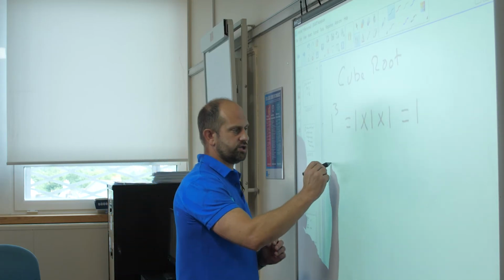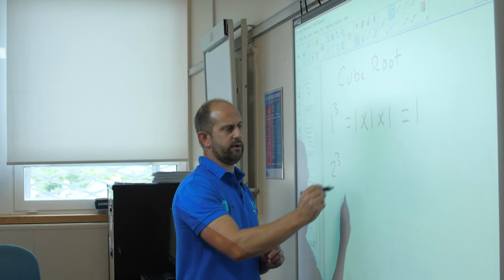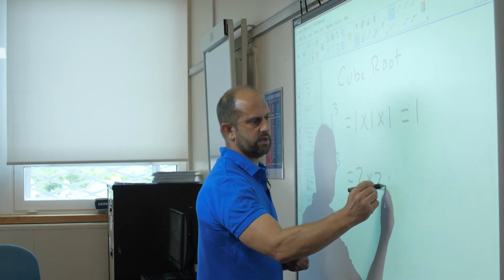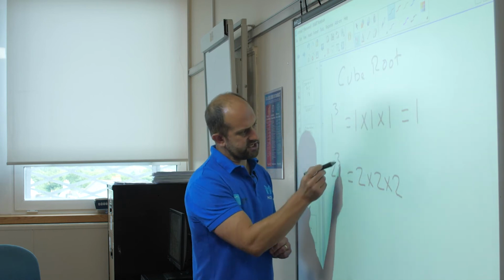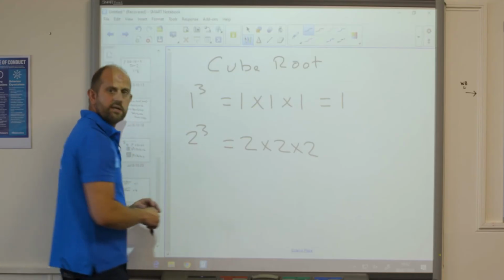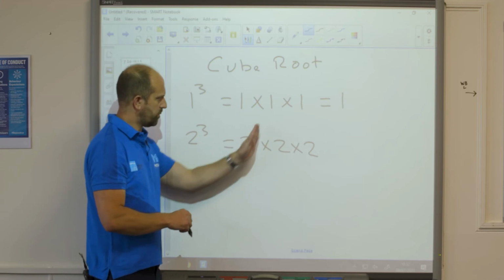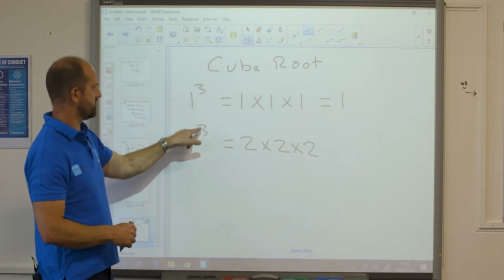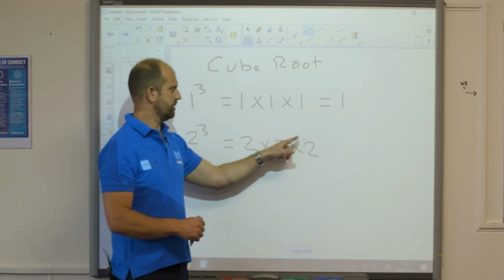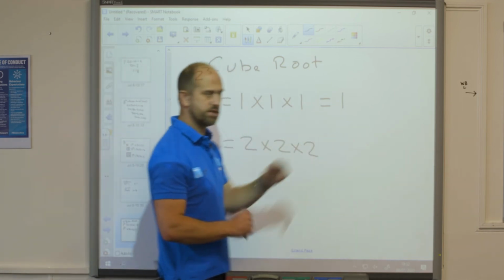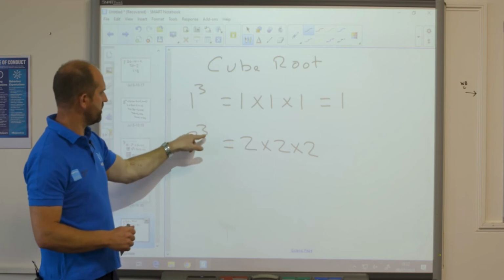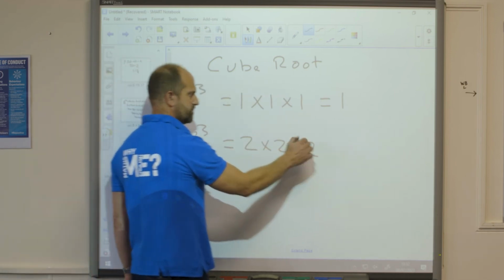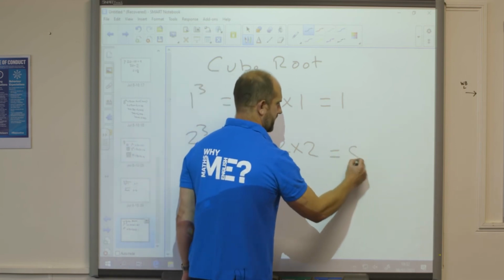If we look at 2 cubed now then, I've got 2 times by 2 times by 2. So this number here, the indice, tells us how many times we're going to multiply each value of the same number. So if that was 2 to the power 5, that would be 2 times 2 times 2 times 2 times 2. In this case then we've got 2 to the power 3. 2 times 2 is 4, times by 2 gives me 8.